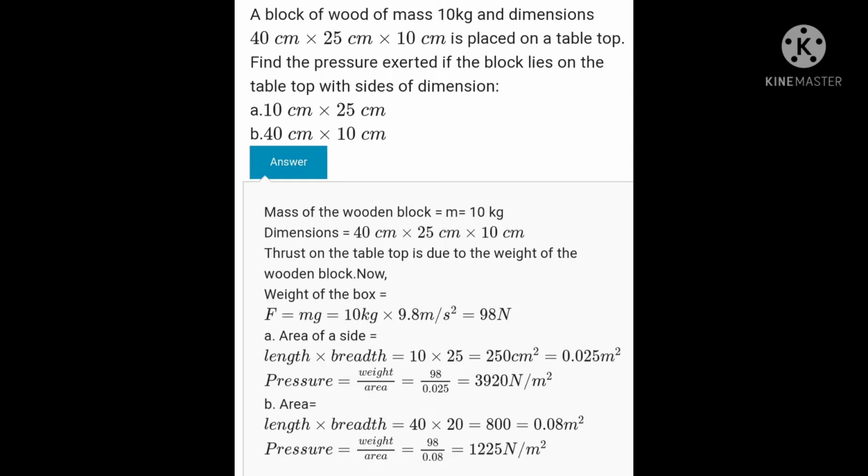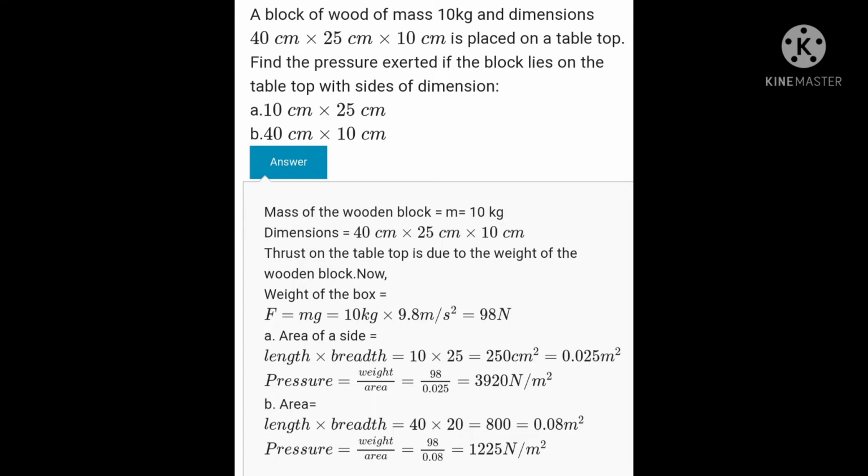So force comes out to be 98 Newton. Now area of side, length into breadth, that is 10 into 25, 250 centimeter square or 0.025 meter square. And pressure is equal to weight upon area, or thrust upon area, that is 98 upon 0.025, that is 3920 Newton per meter square.